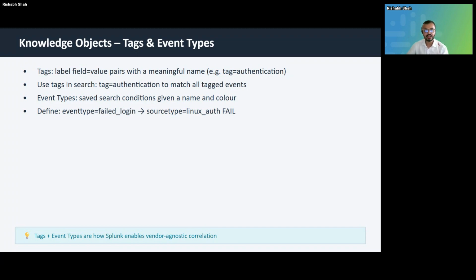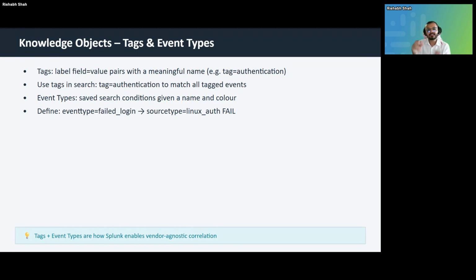Similarly, there are event types. Event types are search conditions with a given name, and we can additionally provide a color as well. For example, there is a search with source type Linux authentication failure. All the fail events I will add to an event type called failed login.